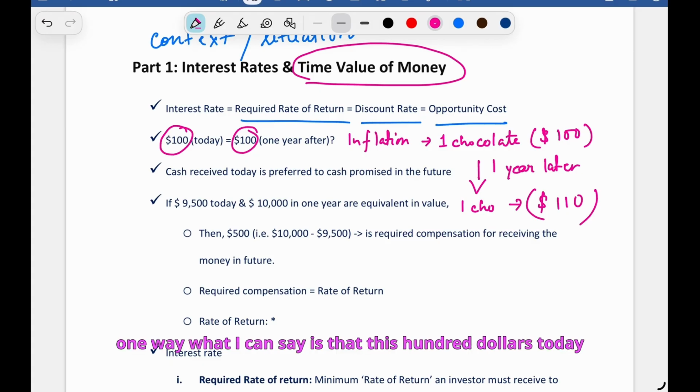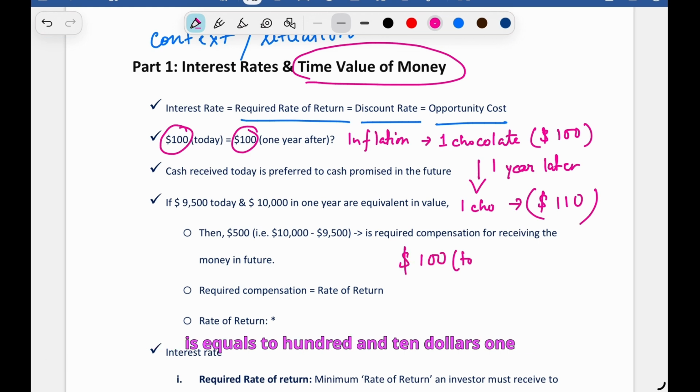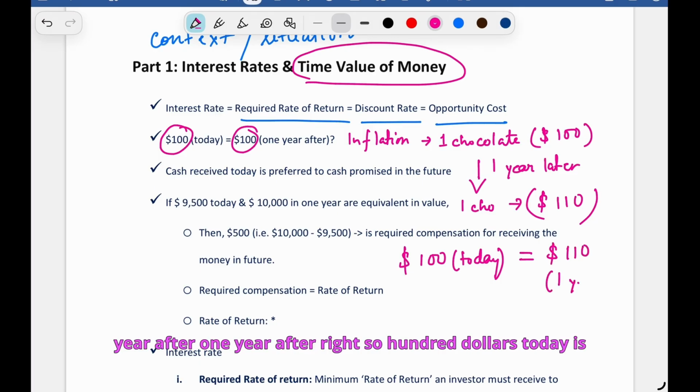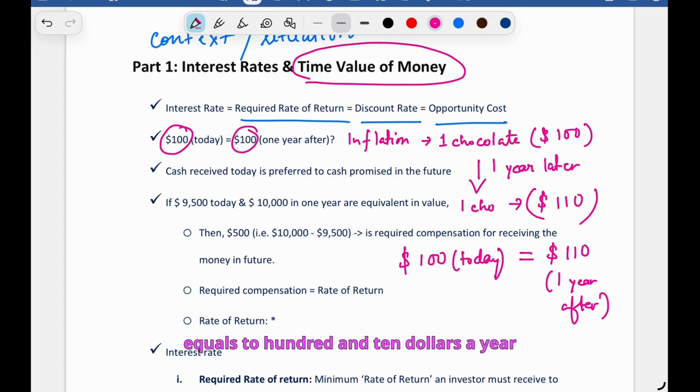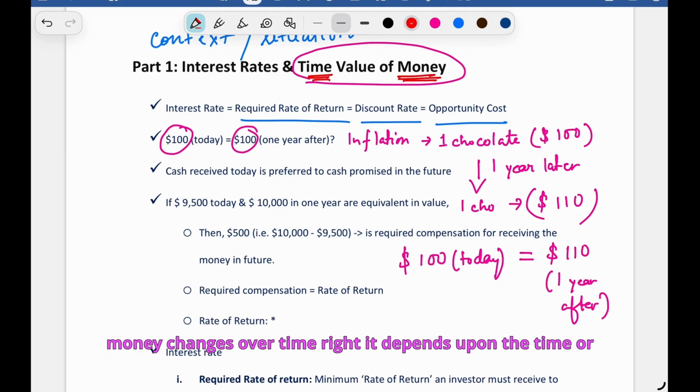So in one way, what I can say is that this $100 today is equal to $110 a year after. So $100 today is equal to $110 a year after. This is the basic concept of time value of money, which basically says that the value of money changes over time.